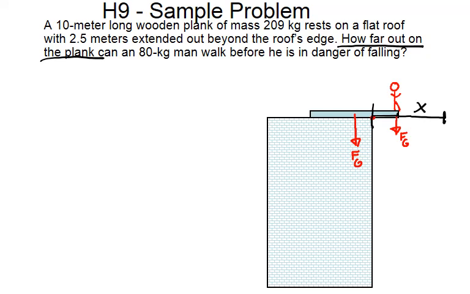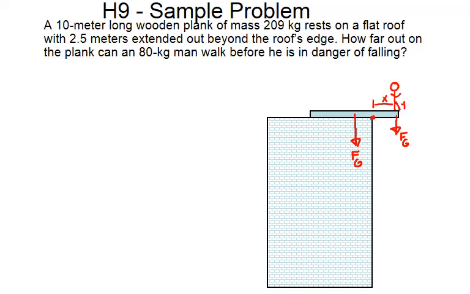Go ahead and write out what kind of torques there are, positive or negative, and then see if you can place the values in there in variable form for the two torques involved, and then see if you can figure out how far the person can go. And when you're ready to check, you can hit play to continue. So go ahead and pause and then try that, and then hit play when you're ready to check.